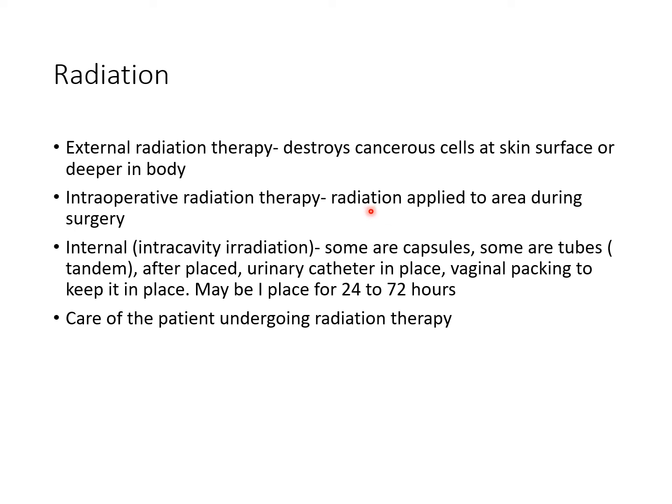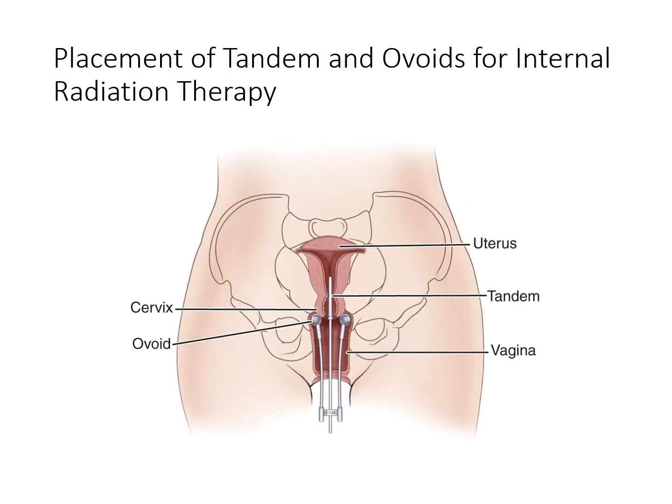So they go in, they apply radiation, most likely just to get to the cancer directly. And then, every treatment is pretty much the same after that, right? So here, placing the ovoid and a tandem in there. This is for internal radiation therapy, so this is just an example.